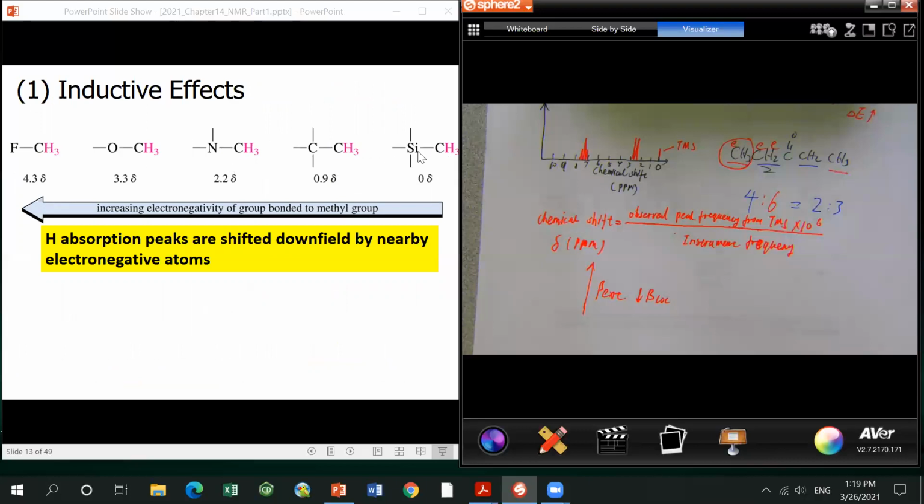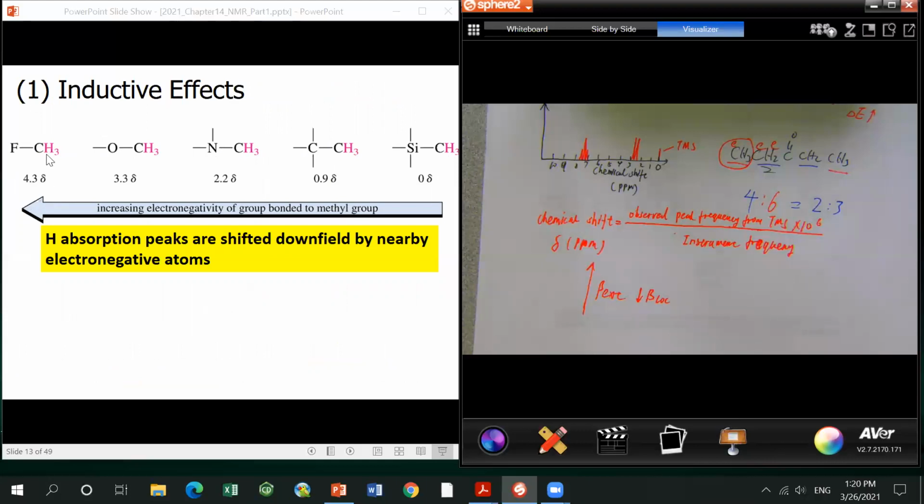They are attached to different atoms. If you take a first look, you find that if the CH3 is attached to a stronger electron withdrawing group or a more electronegative atom, then the chemical shift is higher. That's easy to understand.